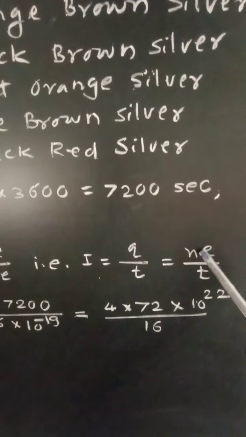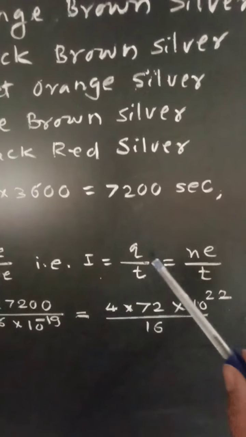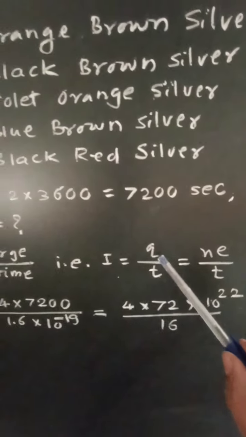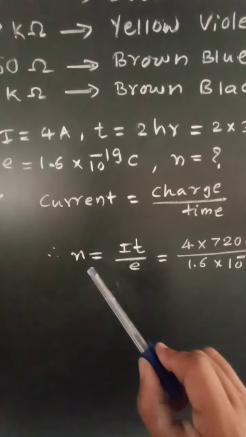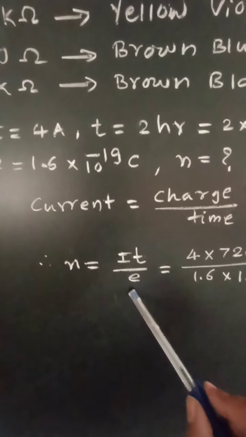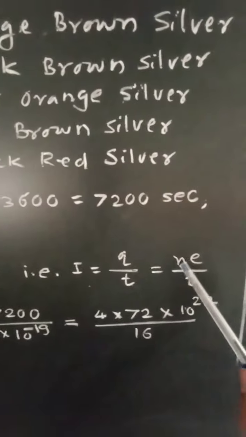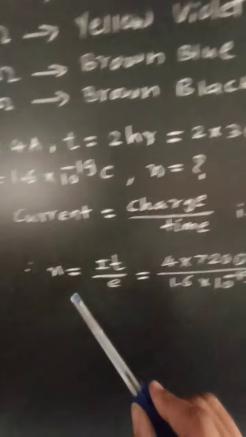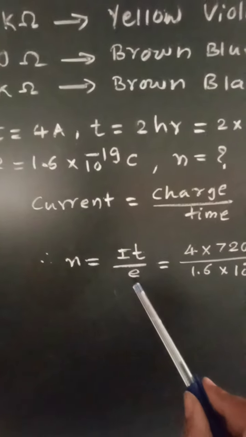Number N into charge on one electron will give us this charge, and therefore I is equal to N e upon T. Therefore N is equal to I T upon e.